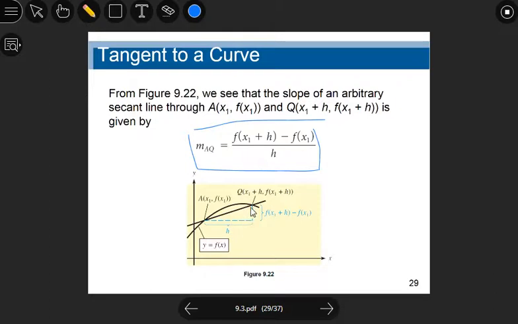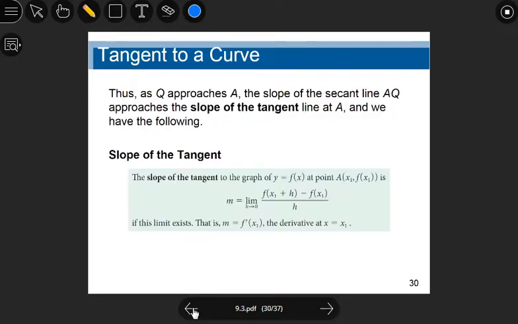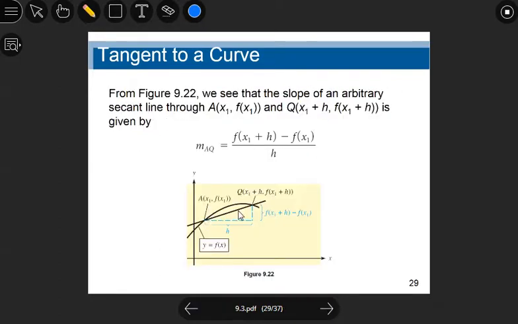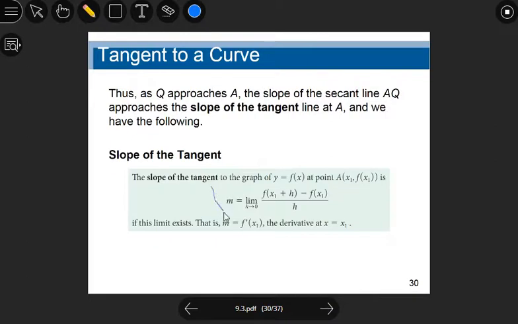When we take the limit to 0, this point comes to here, so the secant line becomes a tangent line. So by taking the limit of h to 0, we turn a secant line into a tangent line. This is the important one. In any problem, if they ask to find the tangent line, you have to use this formula.